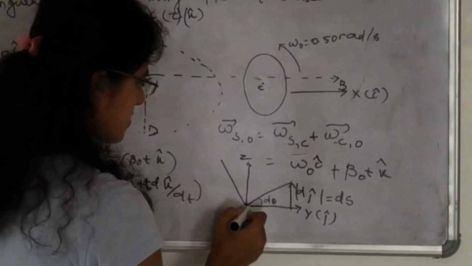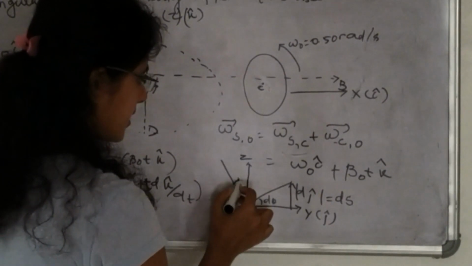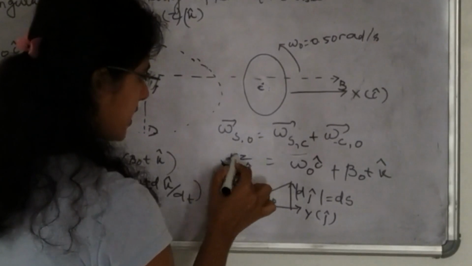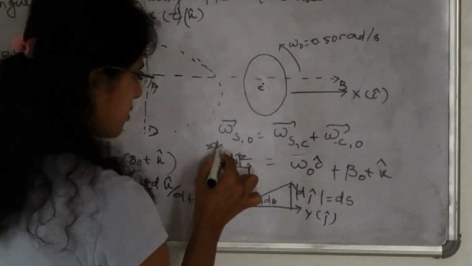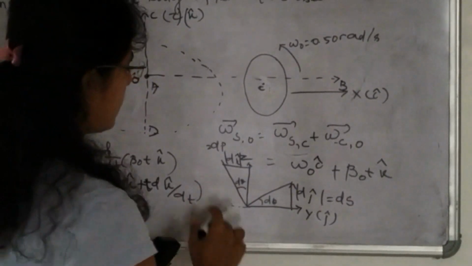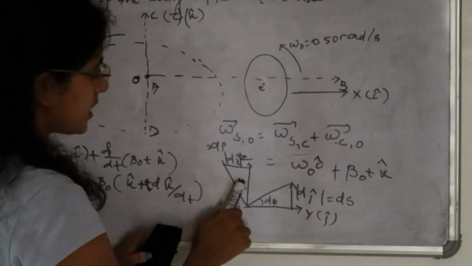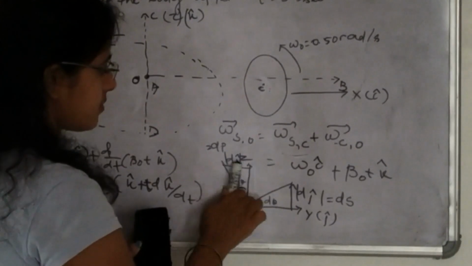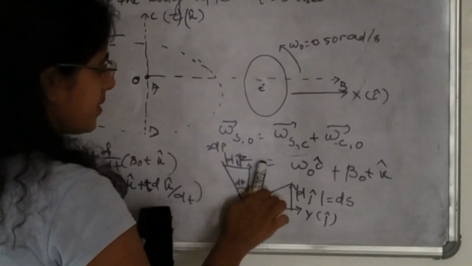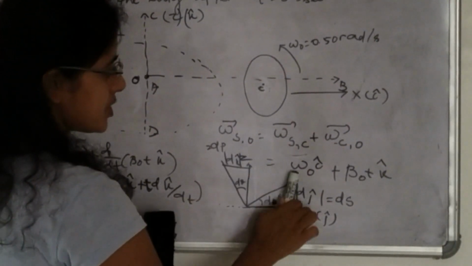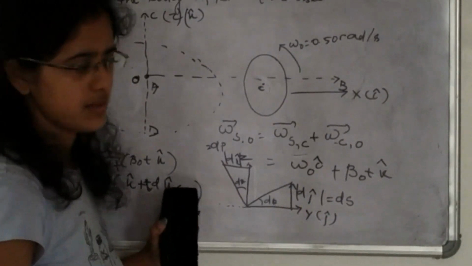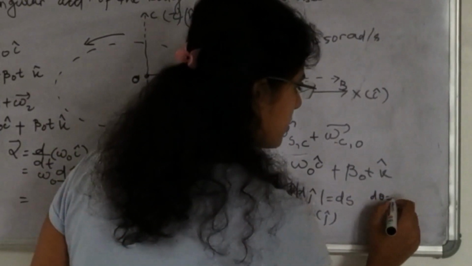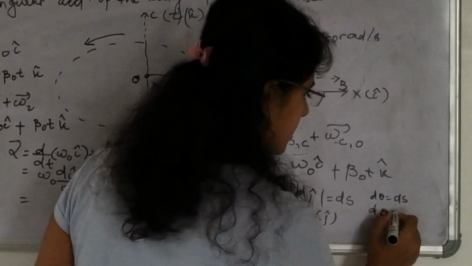Similarly, for this case, this is d theta, this is dk cap. Magnitude of this we have considered dp. D theta is equal to dp divided by 1, and here d theta is equal to ds divided by 1. That means d theta is equal to ds and d theta is equal to dp.